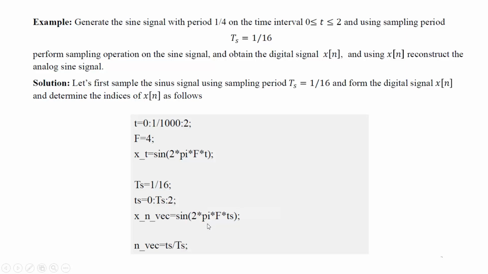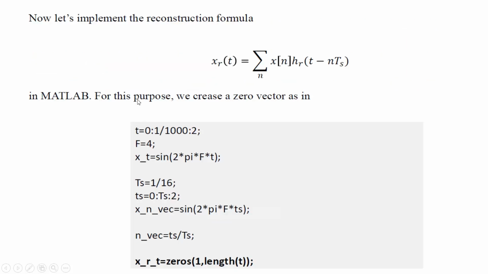This is my sampled version of the signal. Now I will generate the index n by dividing small ts by capital Ts. Now I will use this formula to reconstruct the signal.